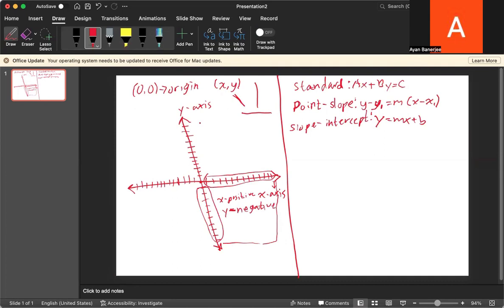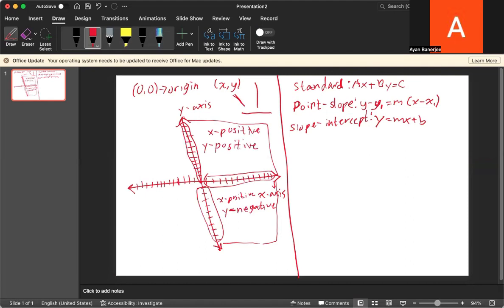And if we go up here, we also have x is positive, but the only thing that's different is that all of the y values up here, above the origin, are also positive.